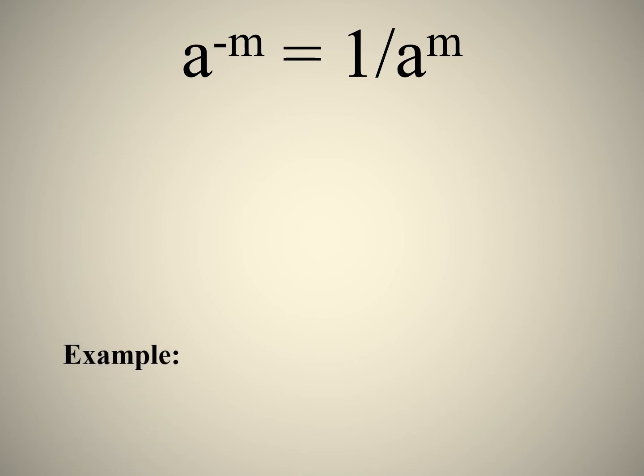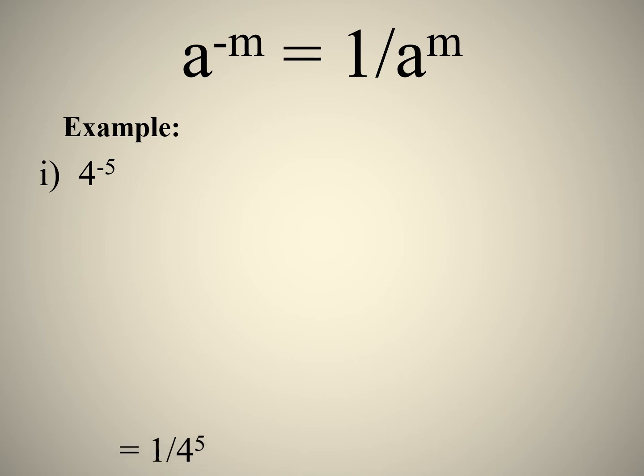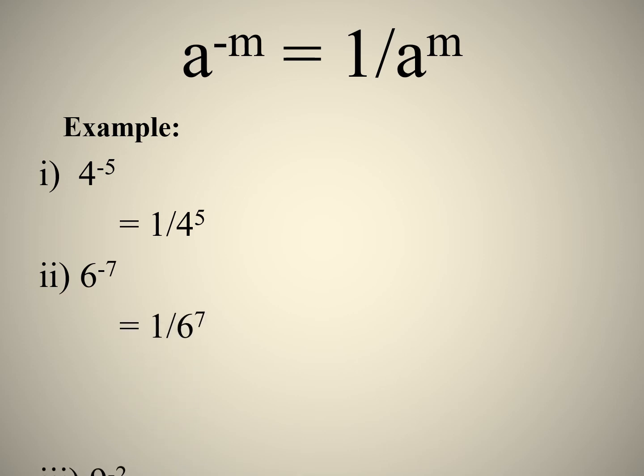Let us see few examples. 4 raised to minus 5 is equal to 1 by 4 raised to 5. 6 raised to minus 7 equal to 1 by 6 raised to 7. 9 raised to minus 2 is equal to 1 by 9 raised to 2.